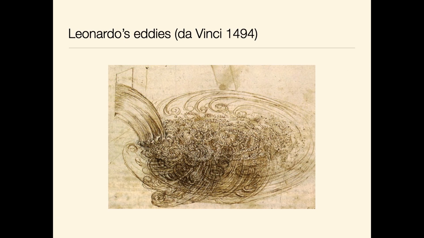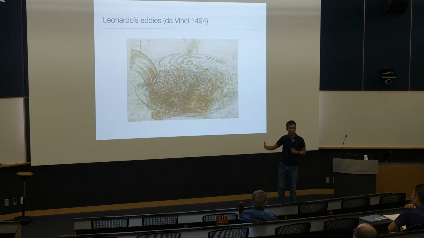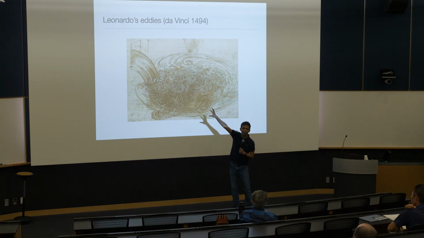And one of the reasons that this is a very well-known sketch is that what da Vinci is showing is nothing like what you actually see. The picture you have in mind looks nothing like this. What da Vinci is showing is a scientist's imagination of how the complex flow looks like when you have a jet of water plunging into a pool.